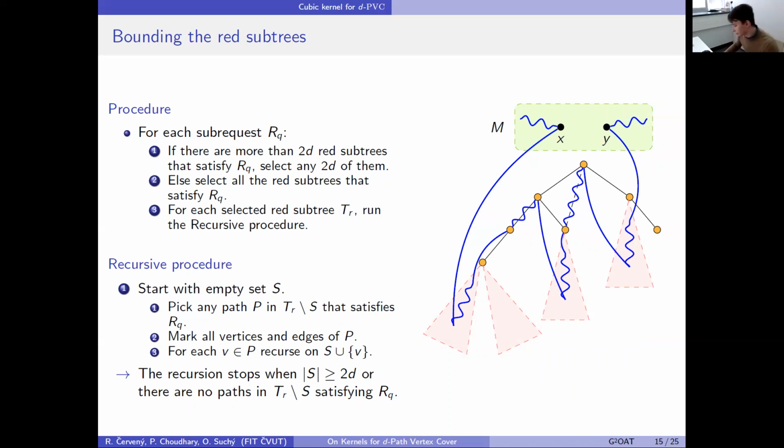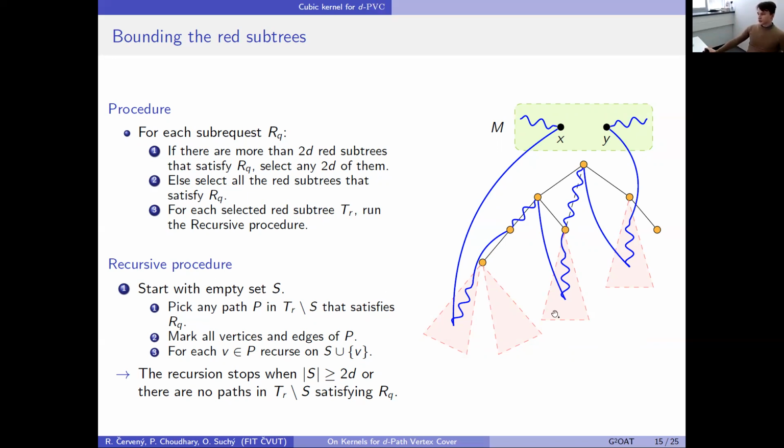I'm not going to go much in depth for this. It's rather technical, but that's the high-level idea. If you delete too many things in the red subtrees, you can move the solution from the red subtrees to the ancestors of the red subtrees, and you just cut away all the red subtrees with one stroke.